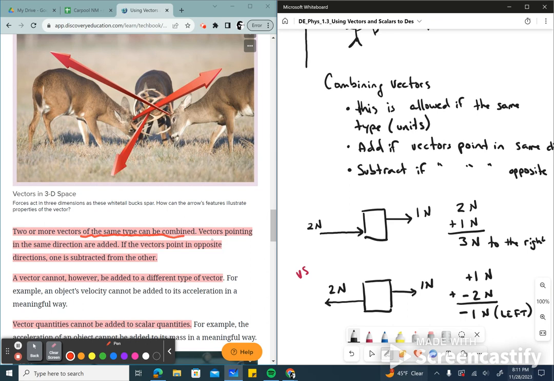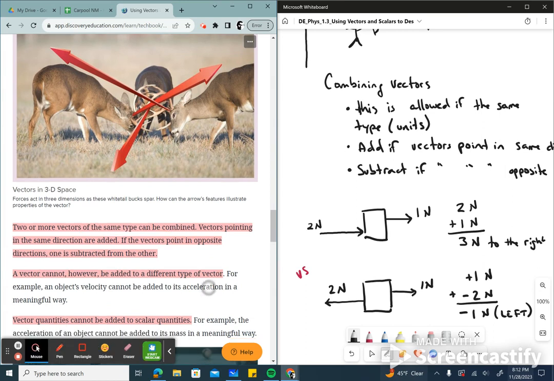Okay. All right. Make a note. You cannot add different types of vectors. You can't add a vector for velocity with a vector on displacement. Okay, they got to be the same terms.